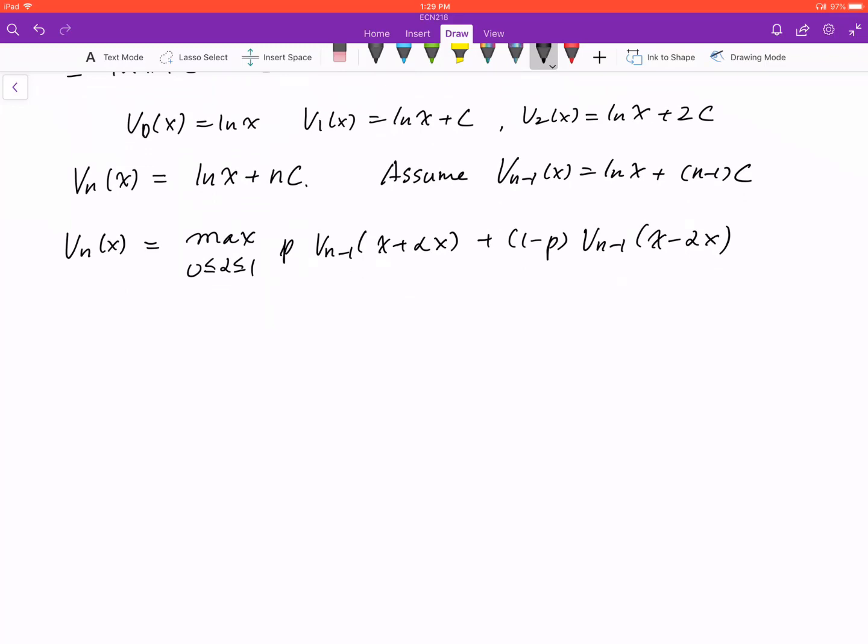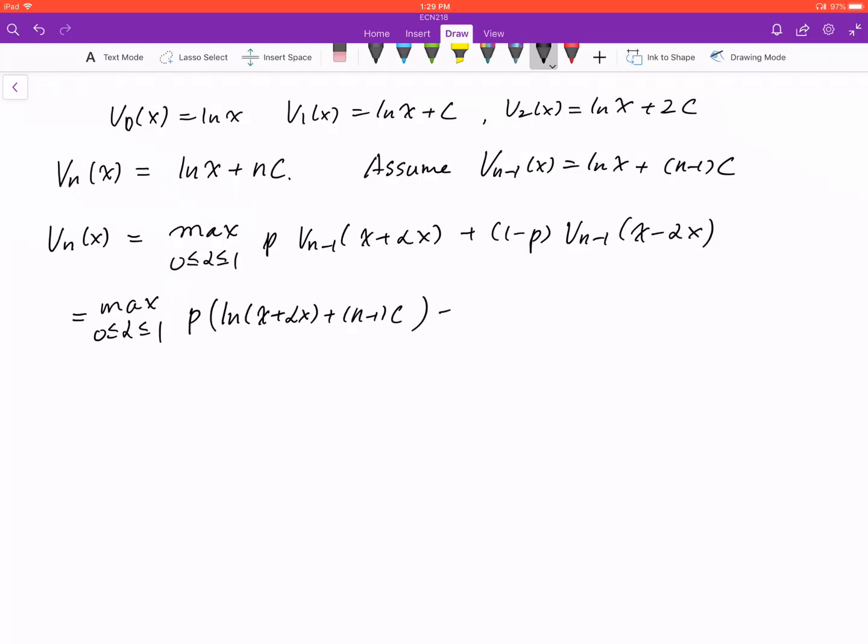Putting it inside one more time, p multiplies log(x plus alpha x) plus (n minus 1)c, and then plus (1 minus p) times log(x minus alpha x) plus (n minus 1)c.